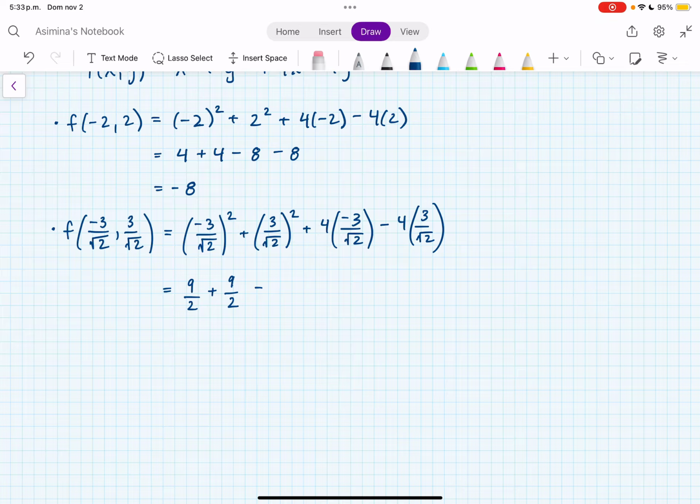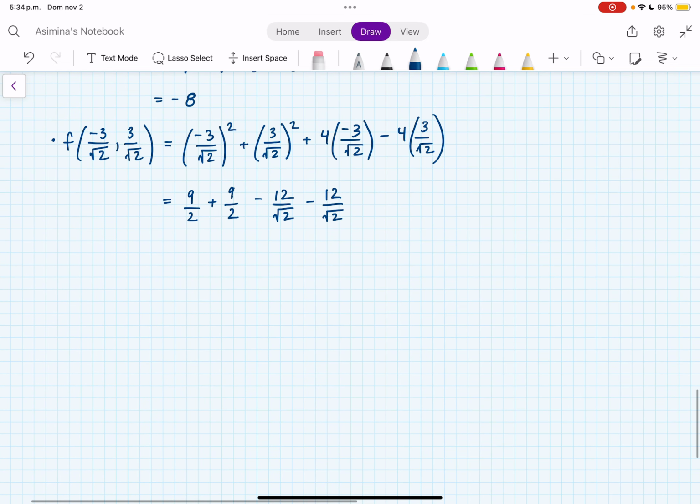Then we have minus 12 over root 2 minus 12 over root 2. So we have 9 minus 24 over root 2.